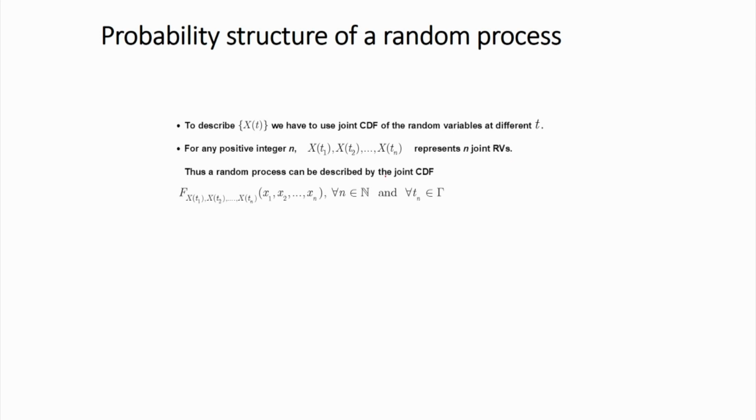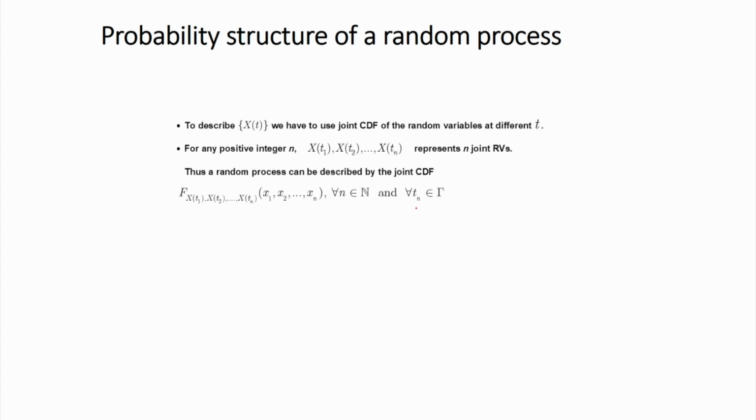Now, we can describe these random variables by the joint CDF like this. This is the joint CDF of the n random variables x(t1), x(t2) up to x(tn), and we have to define this for all n, because any collection t1, t2, t3, etc., we have to consider.